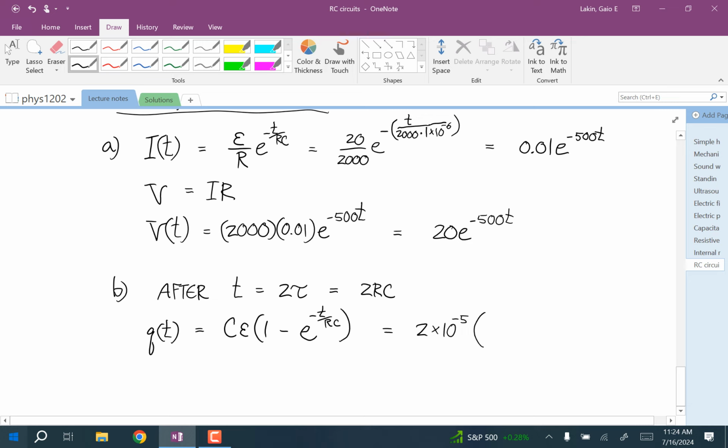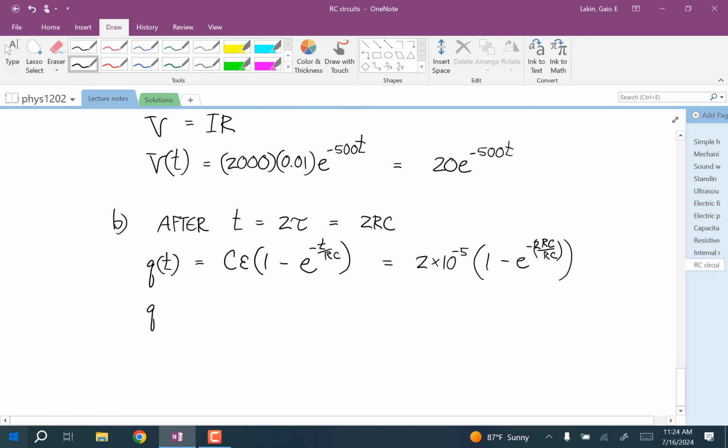And then we're multiplying that by the quantity 1 minus e to the negative 2 RC, that's our time, divided by RC. Okay, that's the exponent.